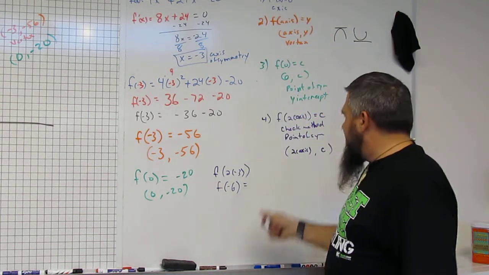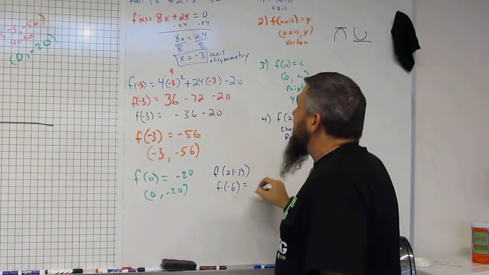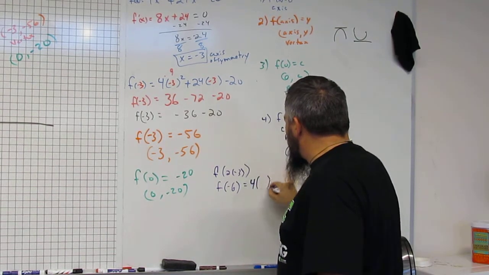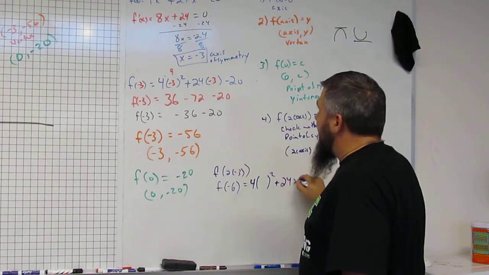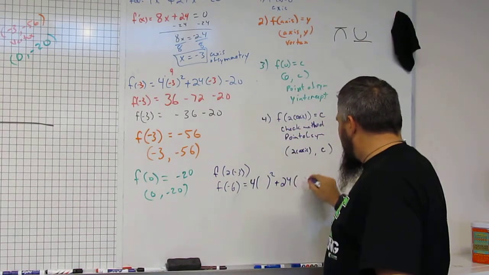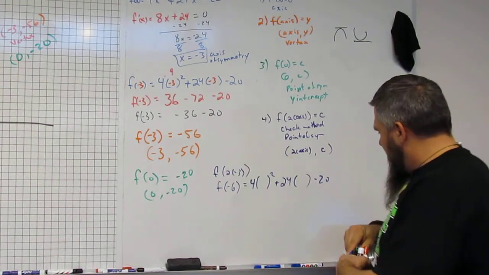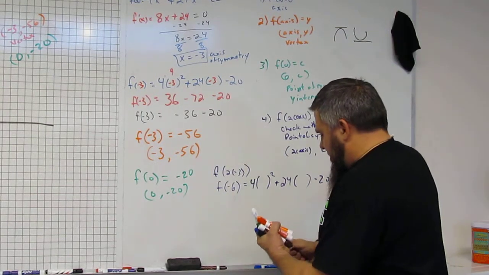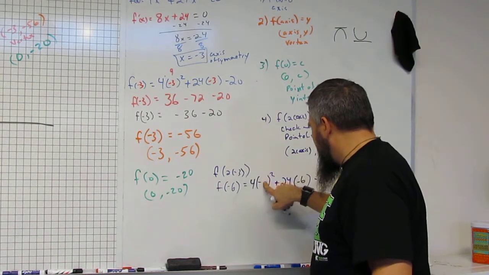That's our goal, and that's why it's also a check method. So I'm going to plug it into 4x squared plus 24x minus 20, and I plug in my negative 6 and my negative 6.